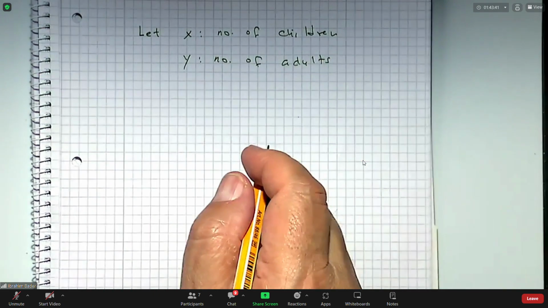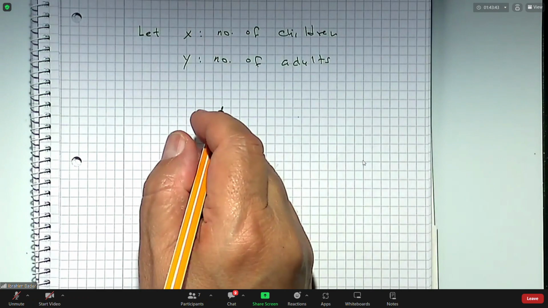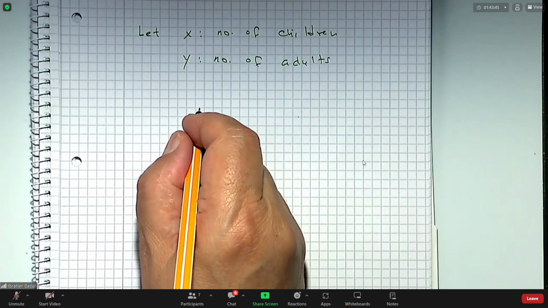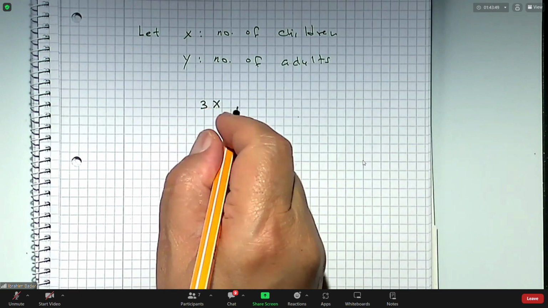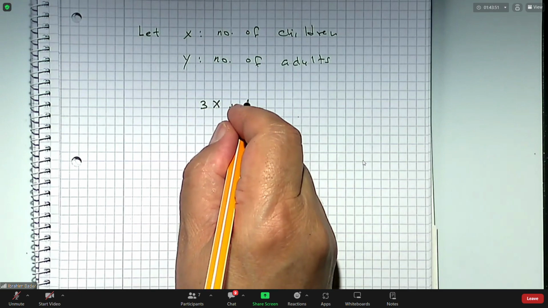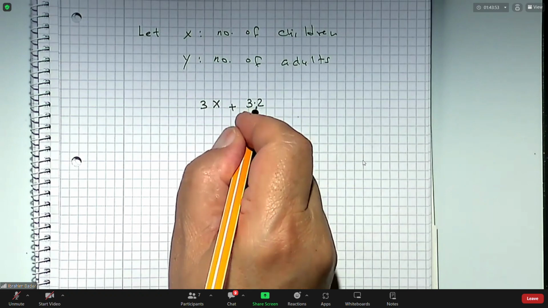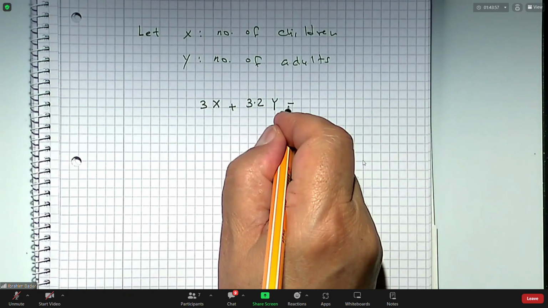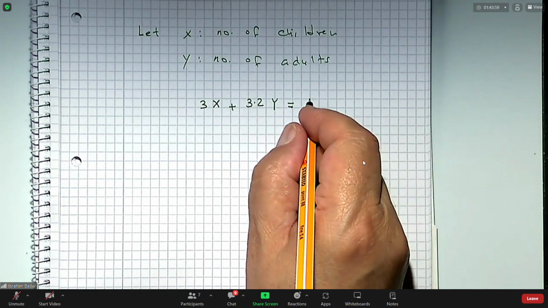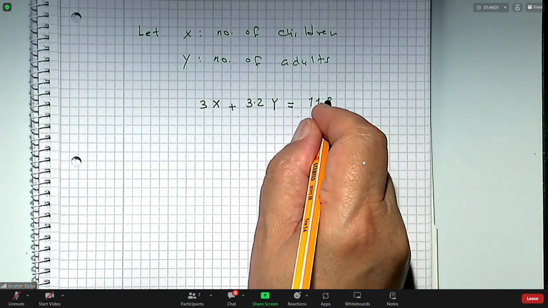The first equation says that I don't know how many children, but 3 euros per child plus 3.2 per adult, and the sum was 118.4.